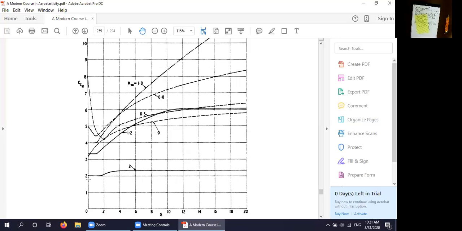So 4 divided by Mach number 2 gives you 2, and 4 divided by 1.2 gives you this factor that's a bit over 3. And so this is still piston theory at short times, but then as time goes on, this rises, and at a large time, the result is quite different from what piston theory would give you. So piston theory gives you a very bad answer at large time, at this Mach number.